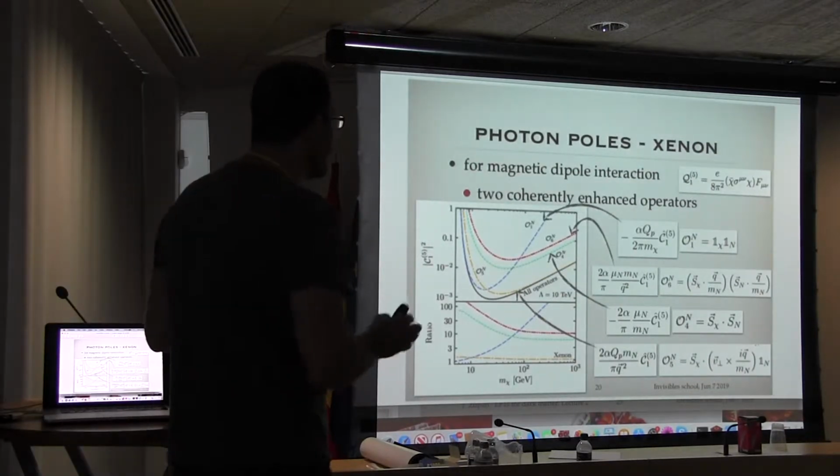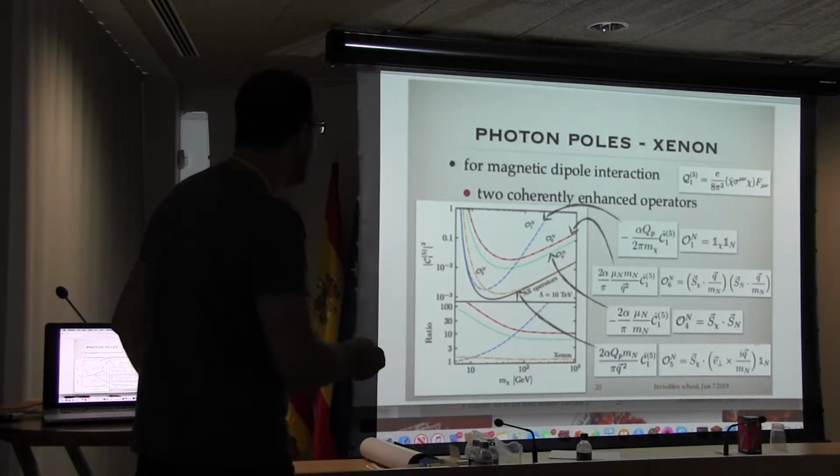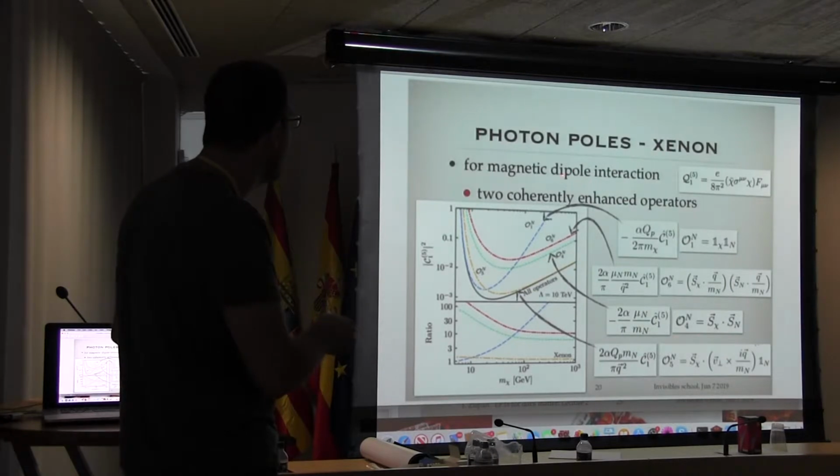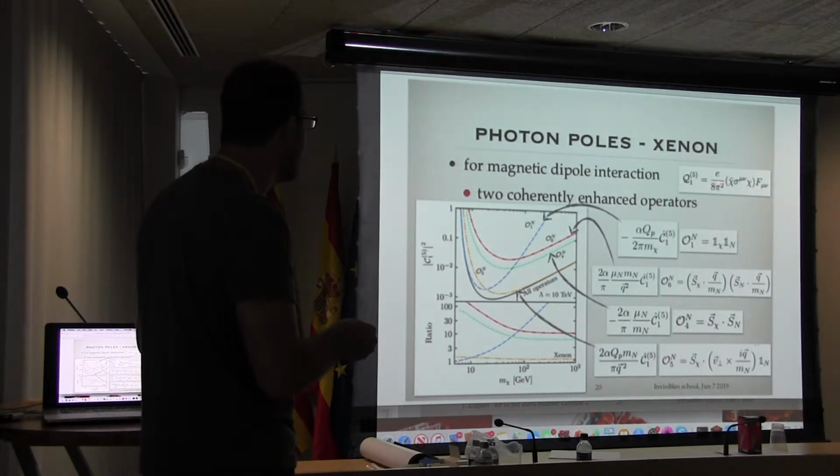I already gave you the information on this slide yesterday. I'm just adding a picture. We take the magnetic dipole interaction, and then we do the non-perturbative matching. The matching in this case is simple. It's just an exchange of a photon.